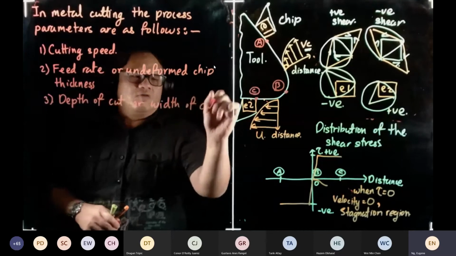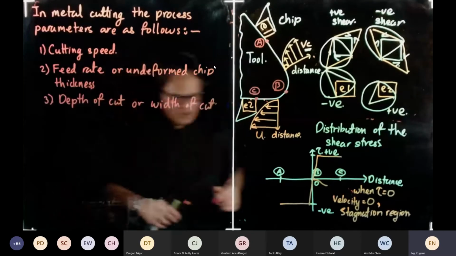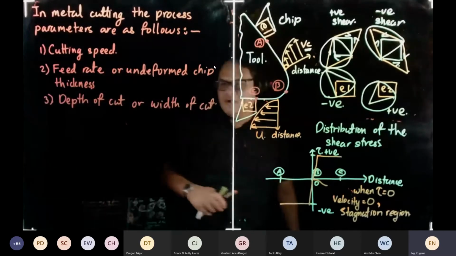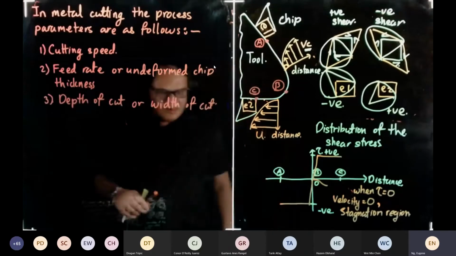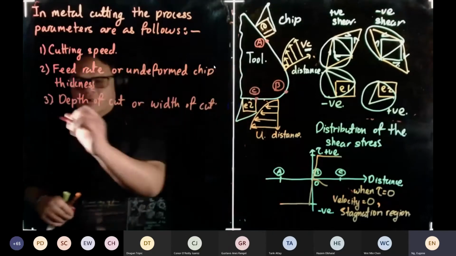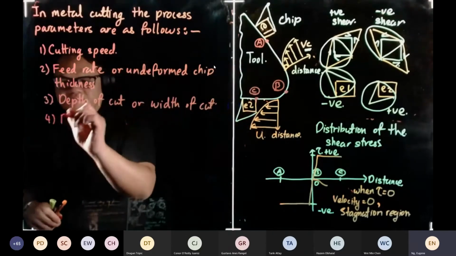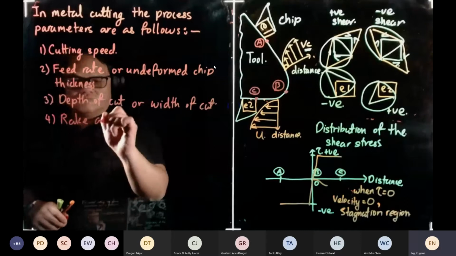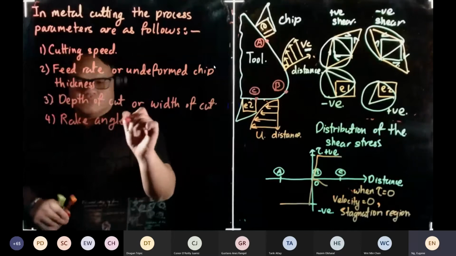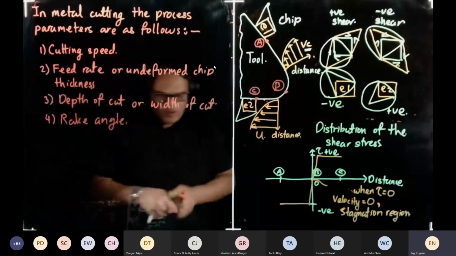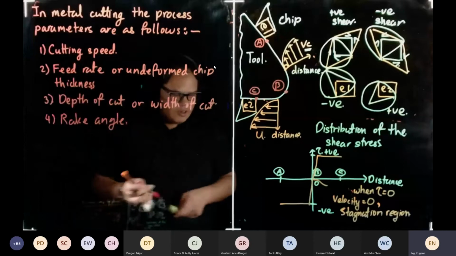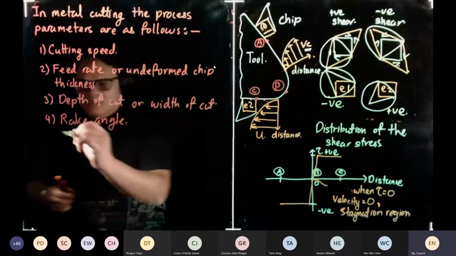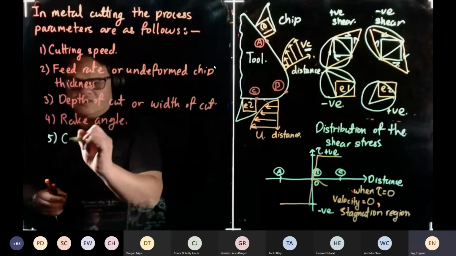I know it's confusing, right? I just say depth of cut. Sometimes we also call it width of cut. Then we have rake angle. Then we also have things like cutting edge radius.